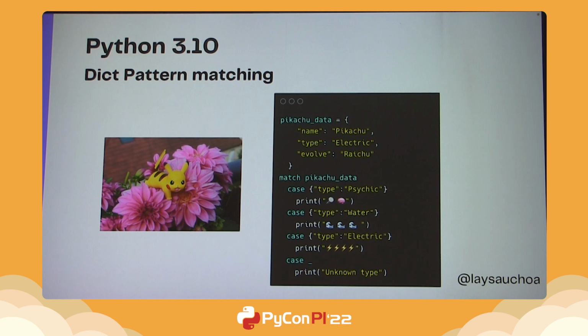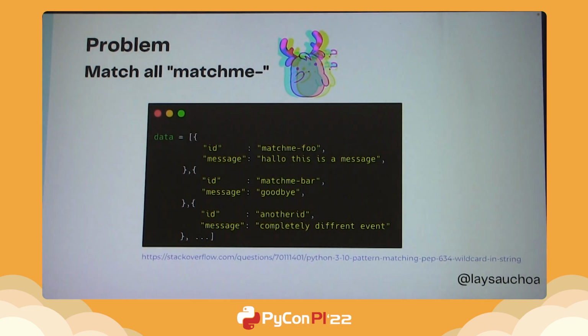So if you want to do this with if and else, probably you would have to match everything else, something like this. But with pattern matching, you just pick the keys that you want to check, and then you match. So that's something interesting. I took here a question from Stack Overflow.